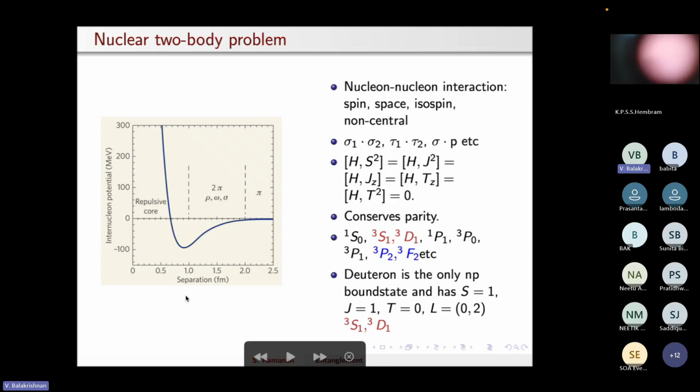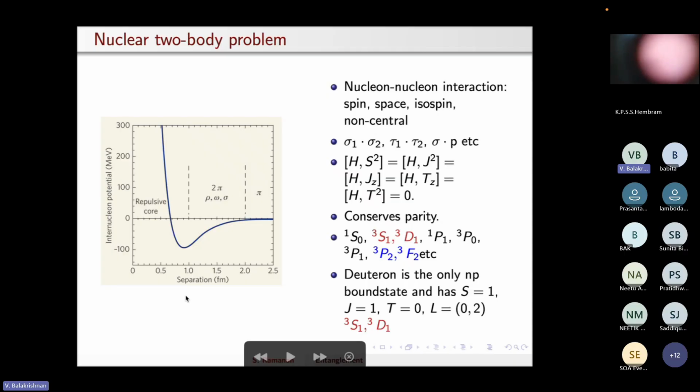Here you have a neutron and a proton. You could have two protons or two neutrons. However, the only bound state that is formed is that between a neutron and a proton. This bound state is the deuteron. But the nuclear interaction is much more complicated compared to the central potential problem in the hydrogen atom. To begin with, it depends on spin, space, and isospin, and the interaction itself is non-central.